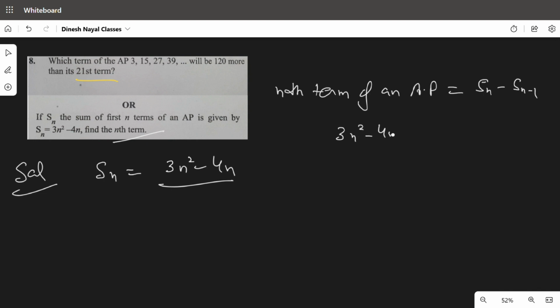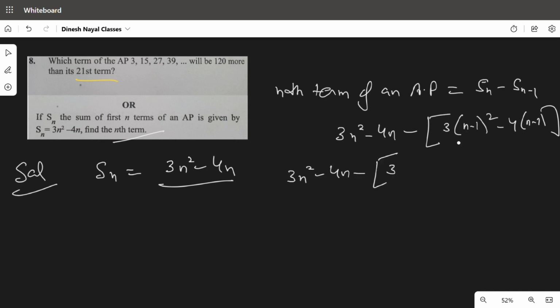So the nth term of an AP, we have the value of Sn, which is 3n square minus 4n, minus Sn minus 1. Basically what you have to do in this formula is replace n by n minus 1. So this is 3 times (n minus 1) whole square minus 4 times (n minus 1). Now solve this. This first part remains the same, 3n square minus 4n.